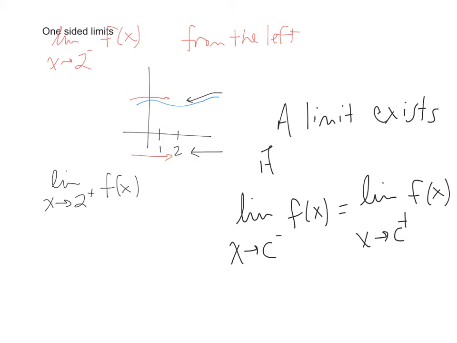So in this case, this limit would exist in this example here. Because as you see, as I'm coming from the left, I expect it to be right here, and as I come from the right, I expect it to be right there also. I expect it to be the same value. So this limit exists because it's the same from the left and the right.